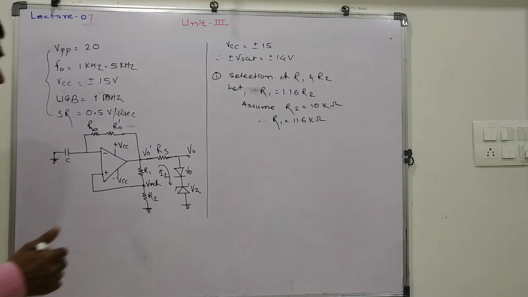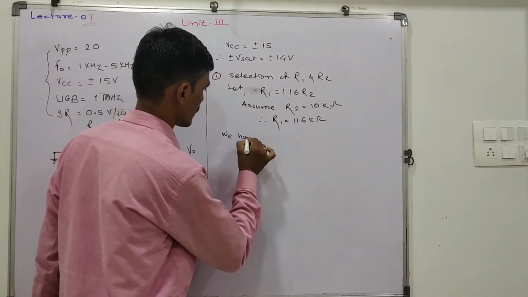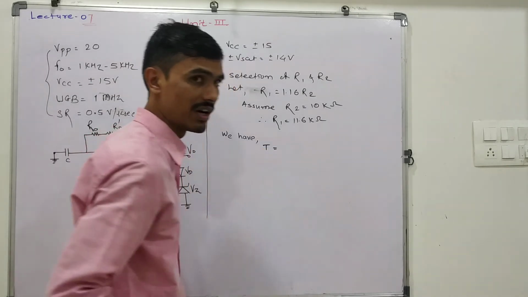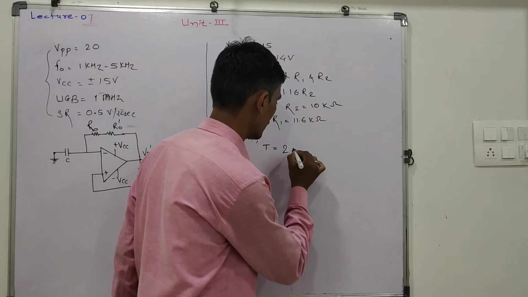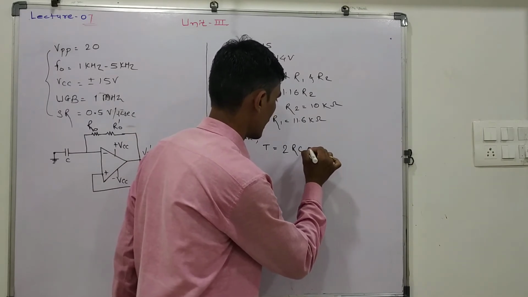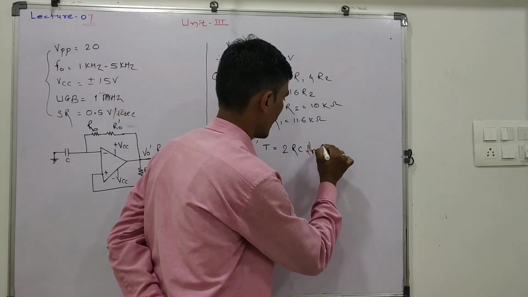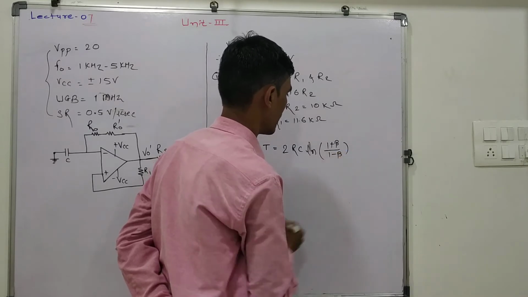Now we have the time period for the astable multivibrator. What is the formula? It is the generalized formula for time period T equals 2RC into ln of (1 plus beta) upon (1 minus beta).